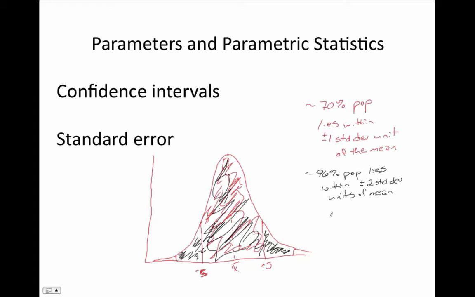Okay, and 95% then lies within the range of plus or minus 1.96 standard deviation units.